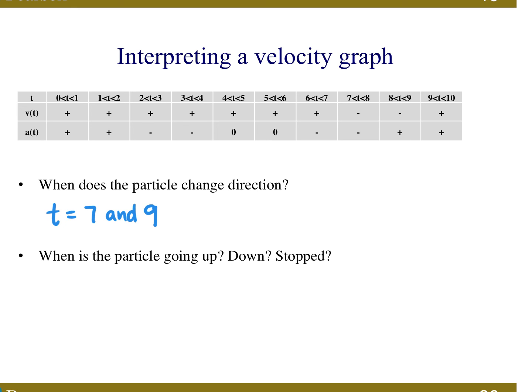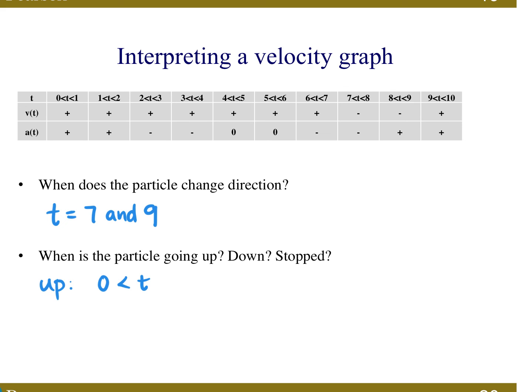Jonathan, when is the particle going up? When t is from 0 to 2. Does anybody else think there's other places this is going up? 9 to 10. I think you guys are answering the speeding up question. Going up is different than speeding up.